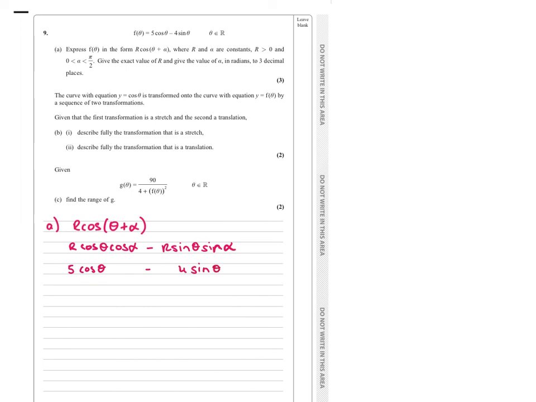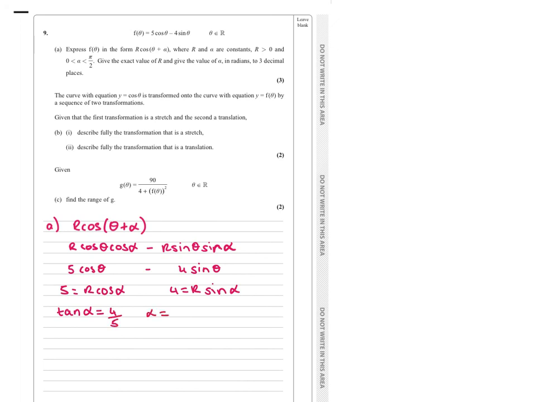That tells me that 5 equals r cos alpha, and positive 4 equals r sin alpha, so that means tan of alpha equals 4 over 5.